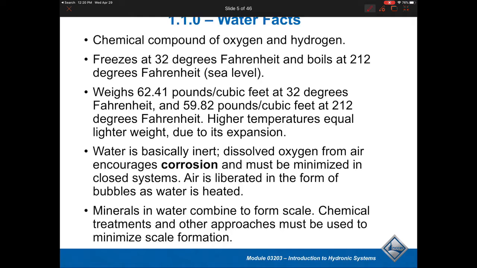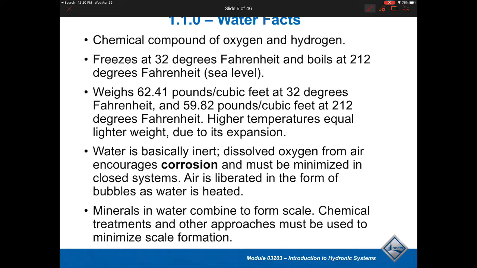Another characteristic of water is that it is somewhat inert. That may not be exactly correct by definition, but it is a compound that does mix with other things, and it will work with other types of substances. Either way, that's totally fine.